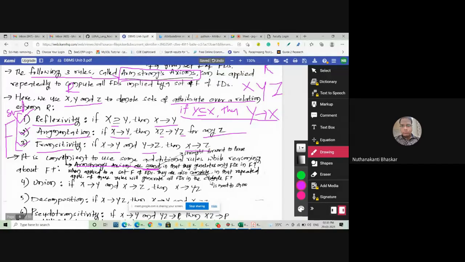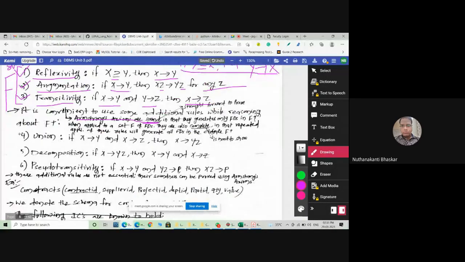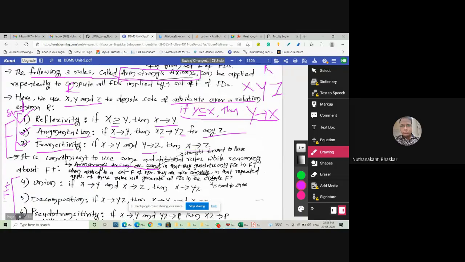Now, based on these three rules, we can derive another three rules. That is called the closure set of functional dependency, that is F plus. Are you clear? These first three rules, reflexivity, augmentation, transitivity, are the sound rules of Armstrong axioms.